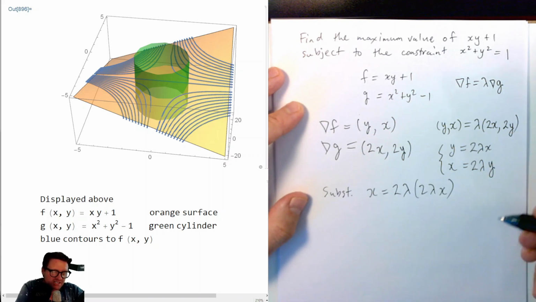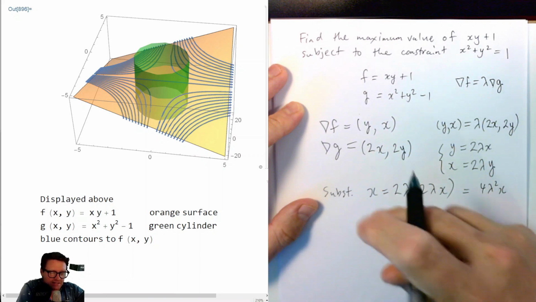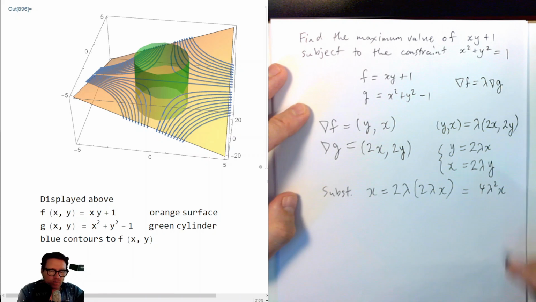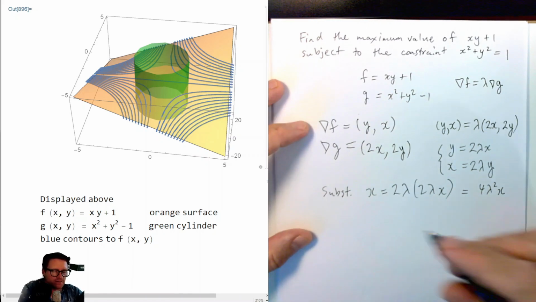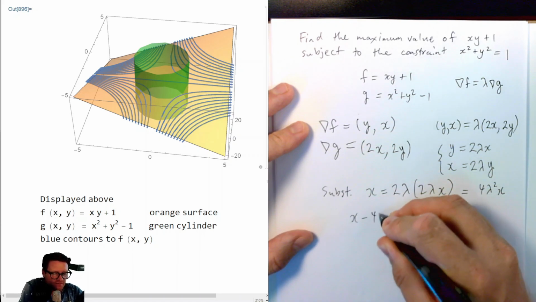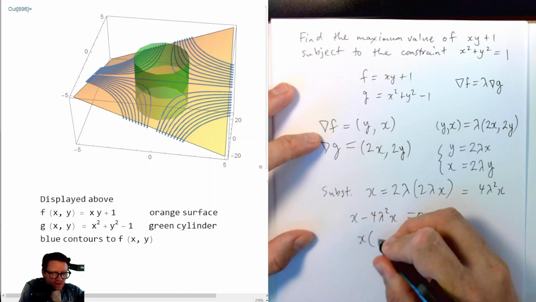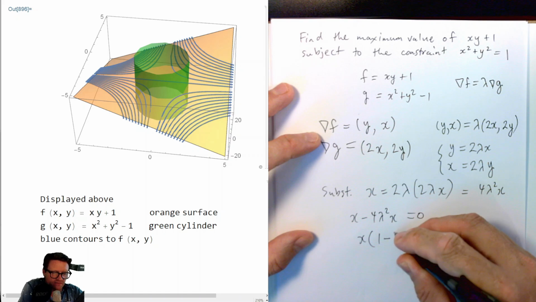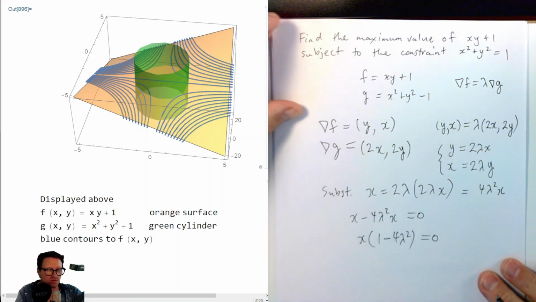Now if we expand, then we're looking at 4 lambda squared x equal to x, but we've got to be careful here. We've got x on both sides. We don't just want to cancel that. So let's write this as x minus 4 lambda squared x equals 0 and factorize so that we have x outside of 1 minus 4 lambda squared equals 0. So this shows the possibilities.